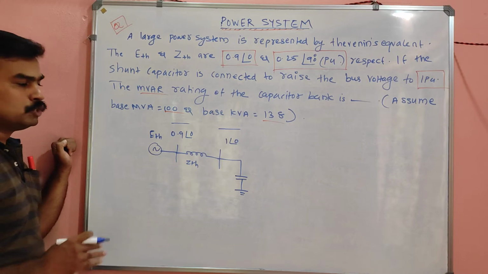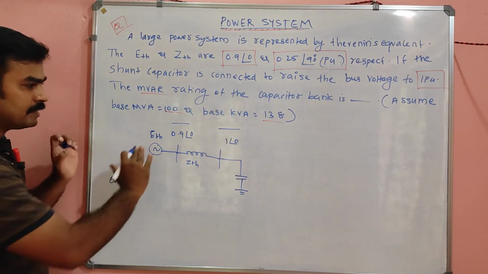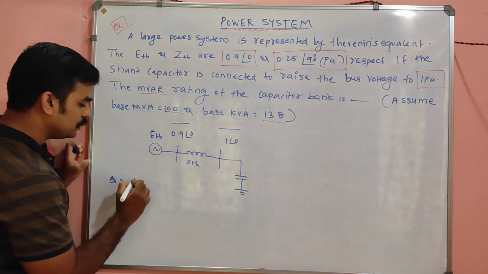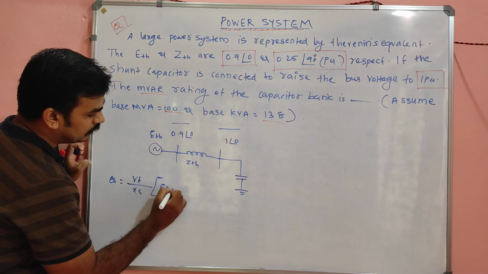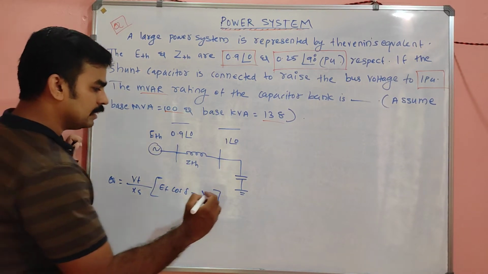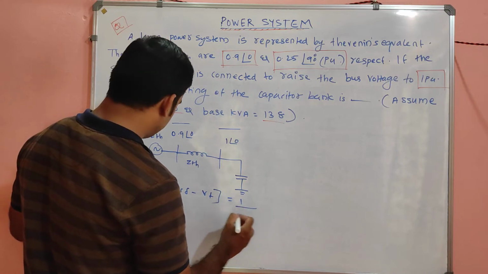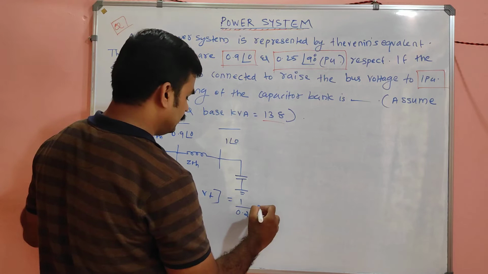What is the expression for the reactive power in a transmission line? Q is equal to Vt by Xs into EF cos del minus Vt. The data are given. Vt is 1, Xs is 0.25, simply take the magnitude.